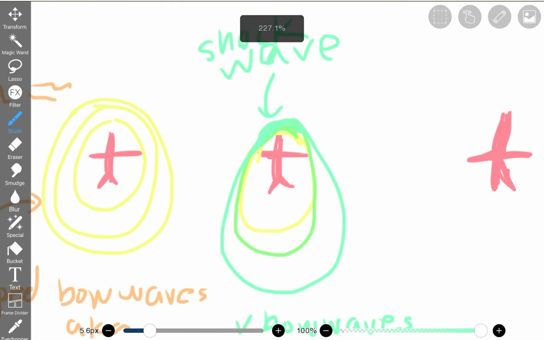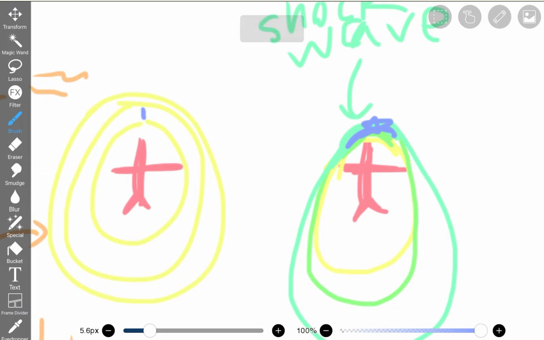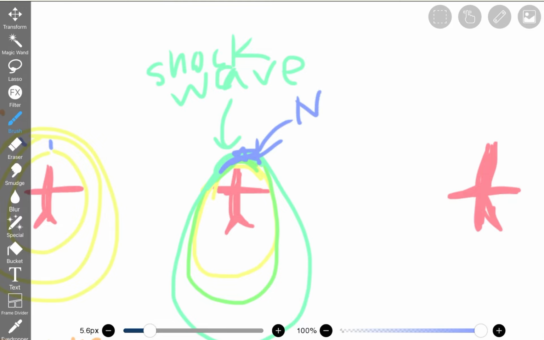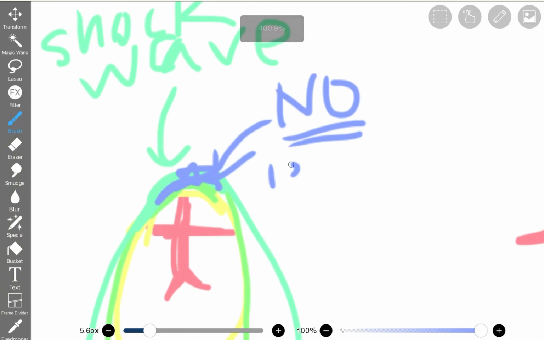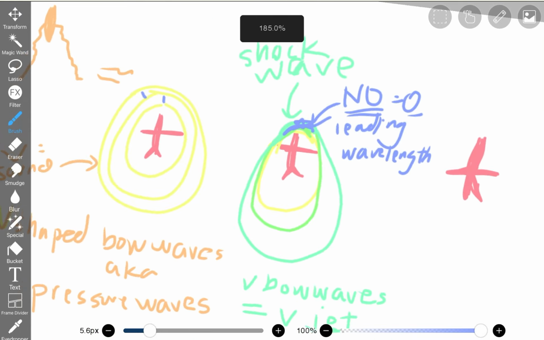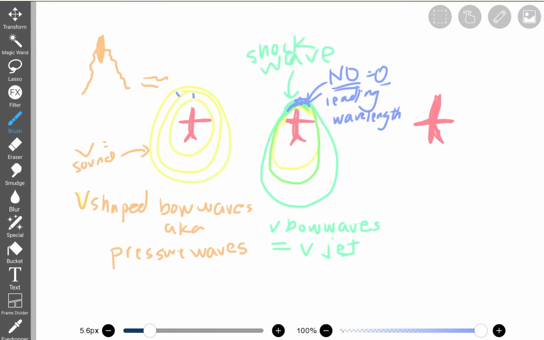And something that's notable is because they're all produced from the same location, from this shock wave location, unlike here where you got these leading wavelengths, here there are no leading wavelengths. Okay, so it's zero. No leading wavelengths when you are traveling at the speed of sound. So there's no Doppler leading wavelength, but you'll still have trailing wavelengths.